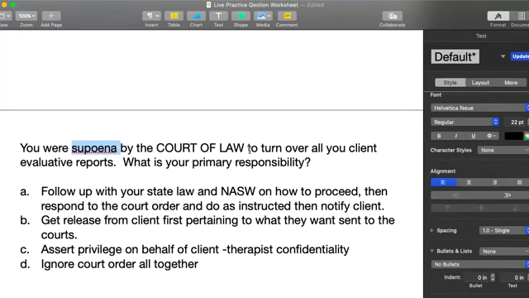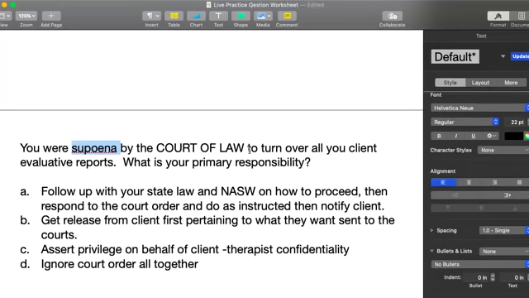What is your primary responsibility? A, follow up with your state law and NASW on how to proceed, then respond to the court order and do as instructed, and then notify the client. B, get release from client first pertaining to what they want sent to the courts. C, assert privilege on behalf of client, understanding therapist-client confidentiality. Or D, ignore the court order altogether.